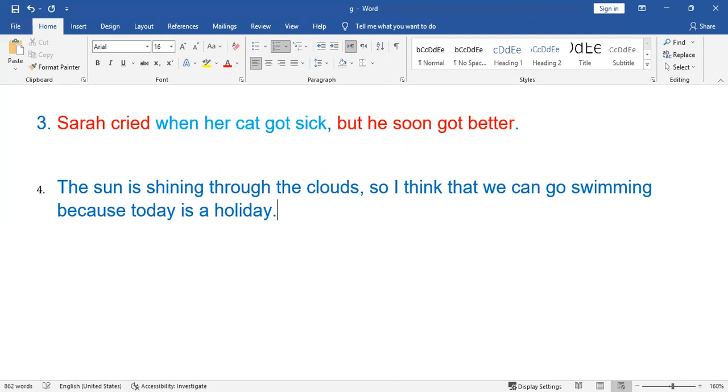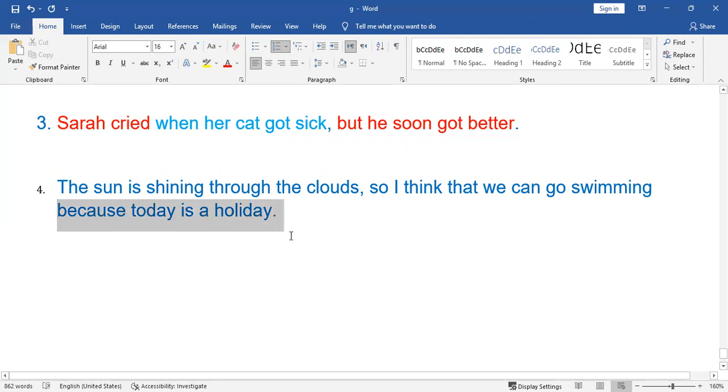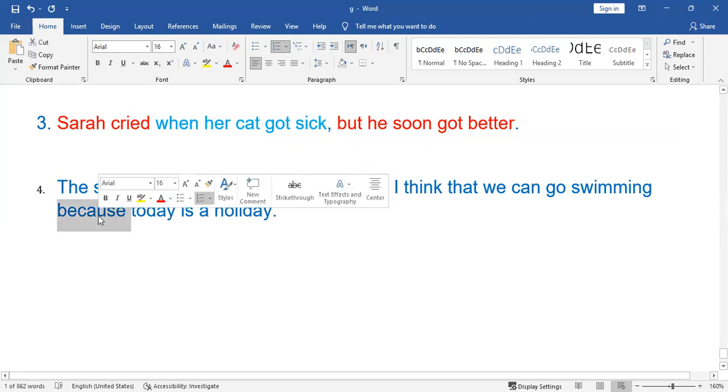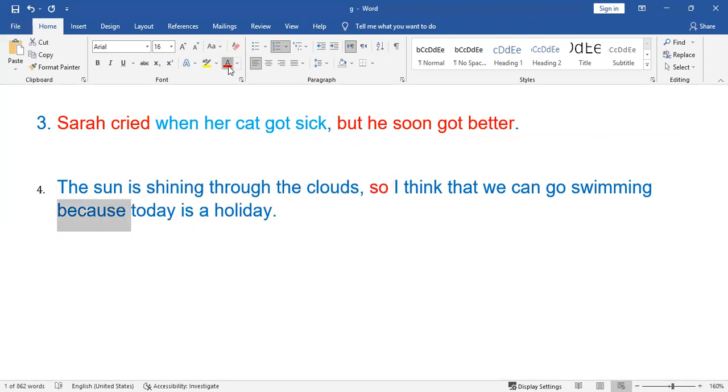Because today is a holiday is a dependent clause, so it makes it compound complex. Before adding because, it was a compound sentence, but after adding because, it is now a compound complex sentence, because it has a coordinating conjunction, so, and a subordinating conjunction, because.